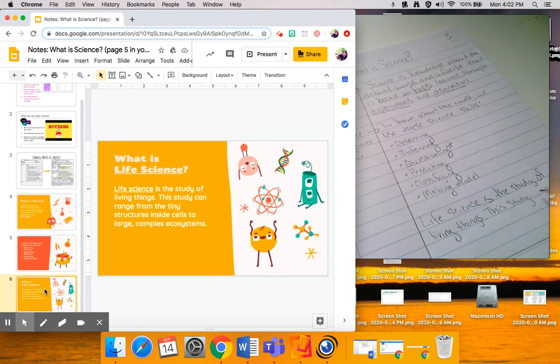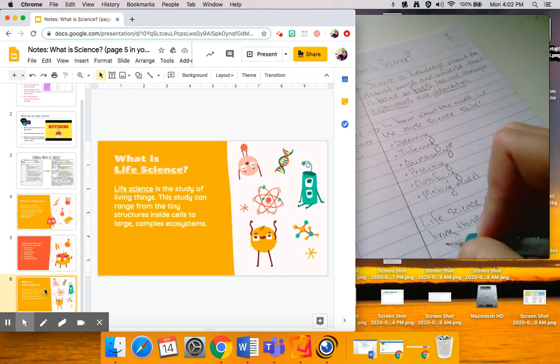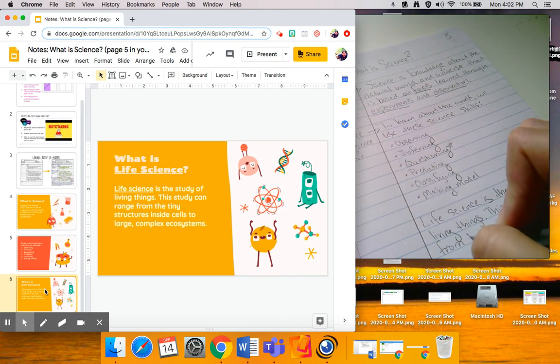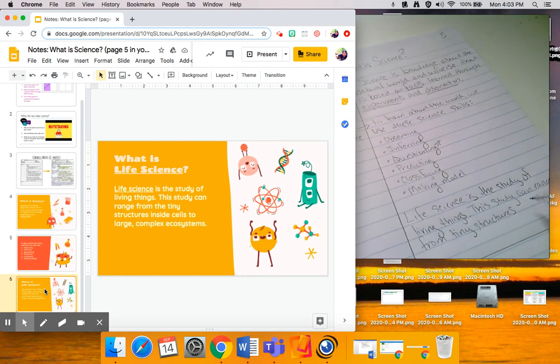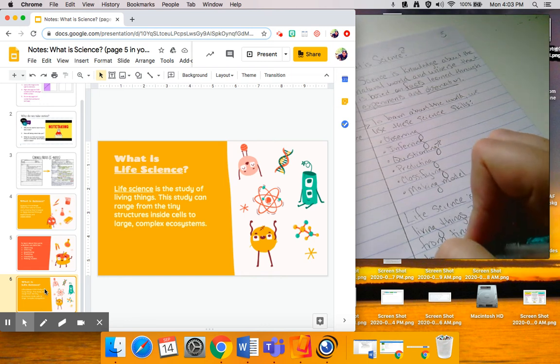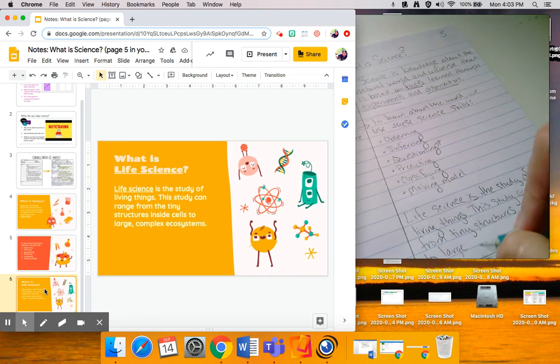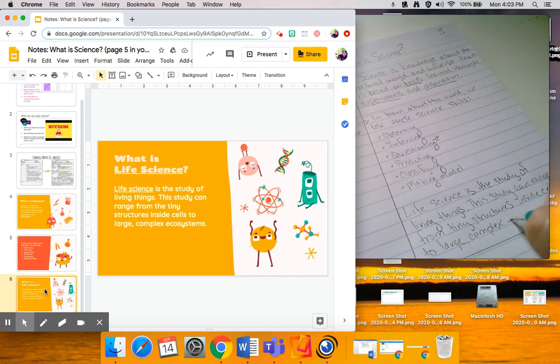The study can range from tiny structures inside cells to large, complex ecosystems.